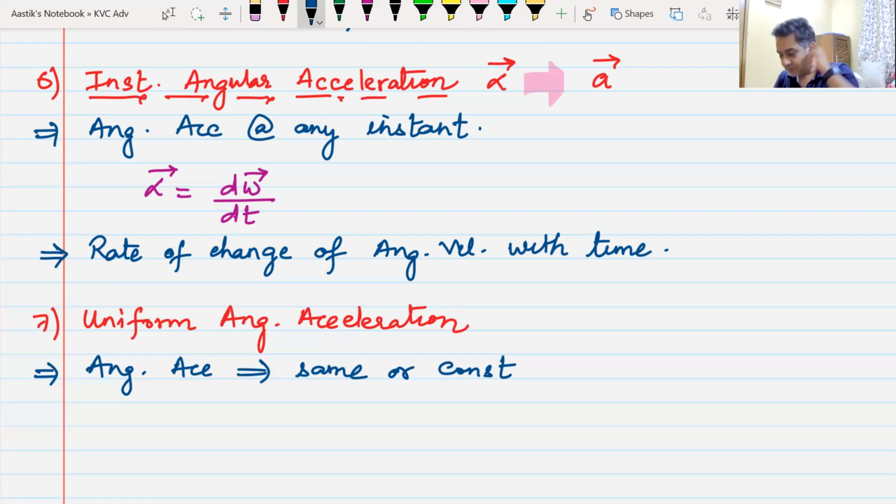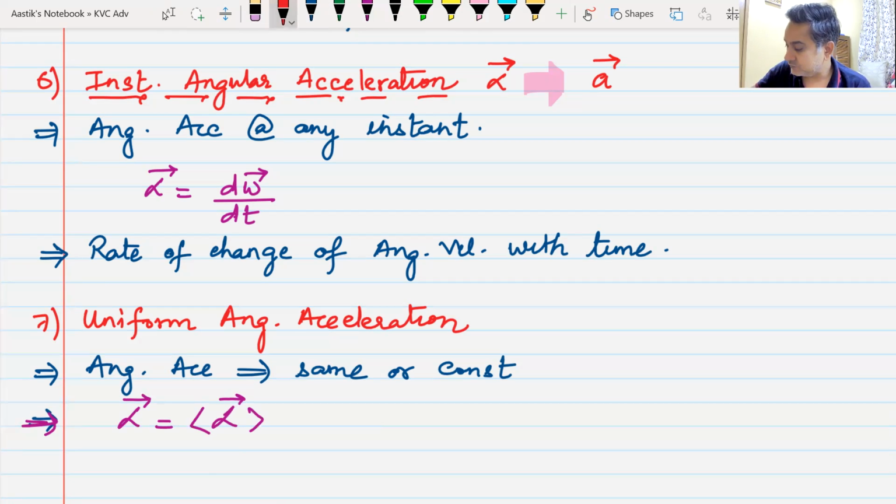Yes or no? Then in that case, what will happen? Your alpha, the instantaneous angular acceleration, will be the same as the average angular acceleration. Do we understand this?